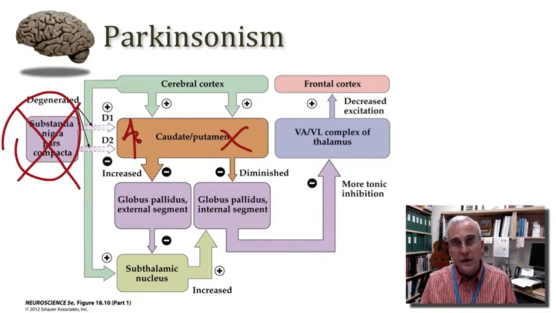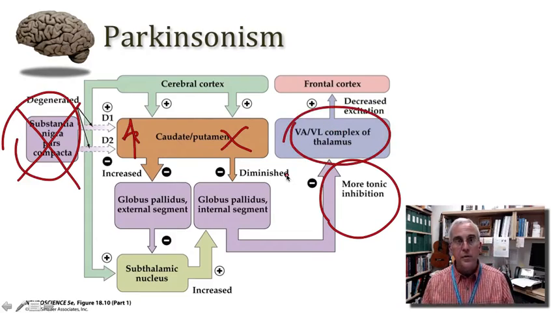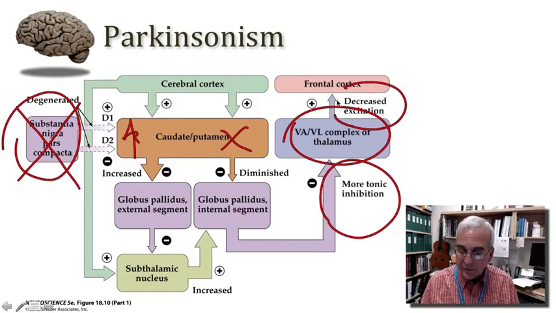These two factors synergize in a rather unfortunate way that results in an increase in the tonic output of inhibition from the internal segment of the globus pallidus to the motor thalamus. So the problem in Parkinsonism is bradykinesia, a slowness of movement, an absence of movement. That's because the motor thalamus is tonically suppressed, and it's very difficult to overcome that suppression. As a consequence, there's decreased excitation of the motor cortex and tremendous difficulty initiating movement.